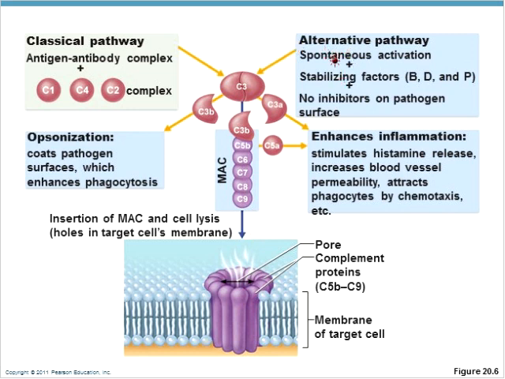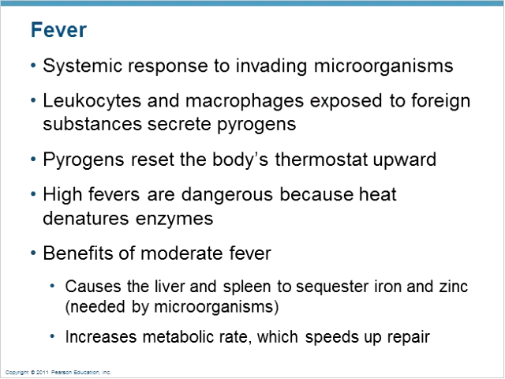In the alternative pathway, there's spontaneous activation, and there are stabilizing factors B, D, and P. There are no inhibitors on the pathogen surface, which enhances inflammation, stimulates histamine release, increases blood vessel permeability, and attracts phagocytes by chemotaxis. So it works a little differently, but you get the idea of how those two work together through that process.